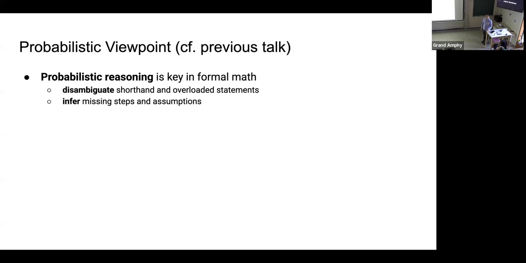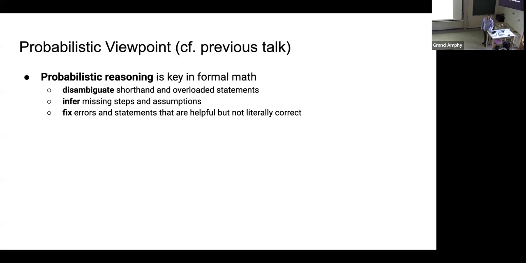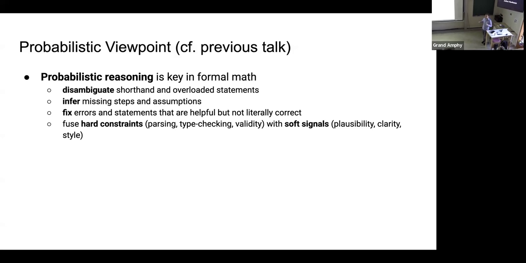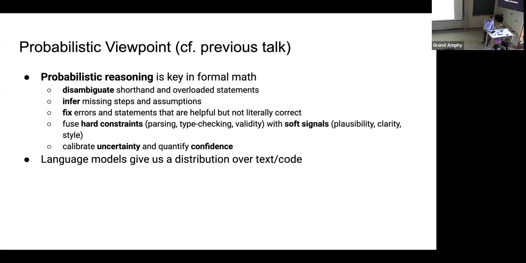To infer missing steps, assumptions, to fix errors, statements that may be helpful but not literally correct, and to also be able to fuse hard constraints, such as wanting things to be parsed correctly and being typed, with soft signals such as plausibility or the back translation that I was talking about. And ultimately, we want these probabilities to calibrate uncertainty and to tell us how confident we can be in formalization.